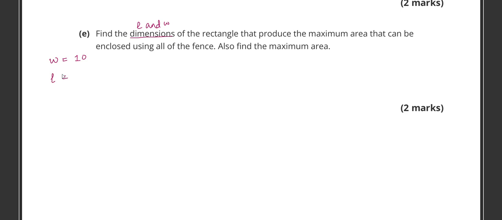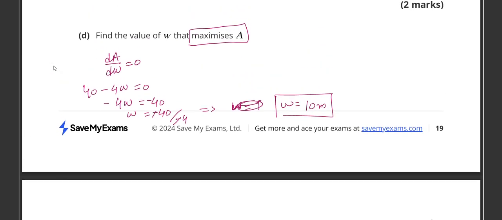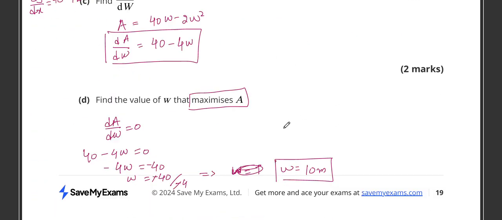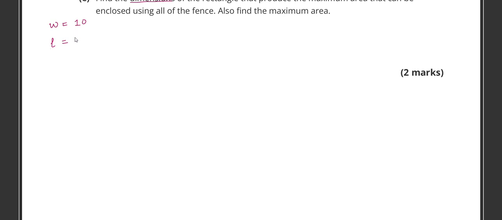Then what is L? Just recall, initially we found L is equal to 40 minus 2W. So write down 40 minus 2W, then put the value in here and we will get 20. And this is in meters.